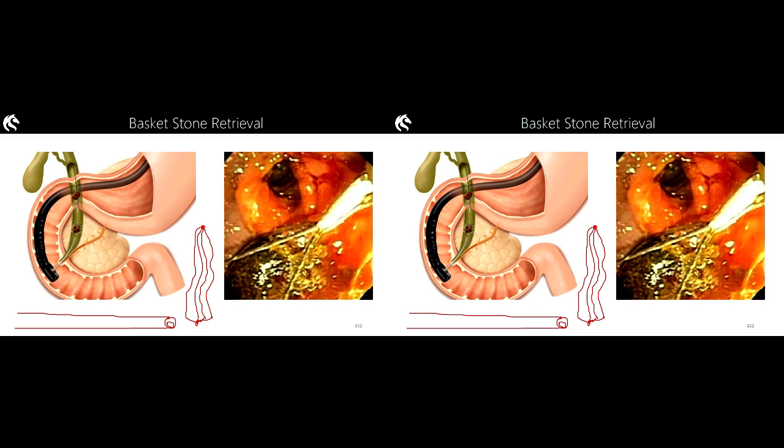If you put that cage under tension, it's going to tighten up. So, a basket or cage style of stone retrieval involves sending an unexpanded cage adjacent to the stone and then opening it up.